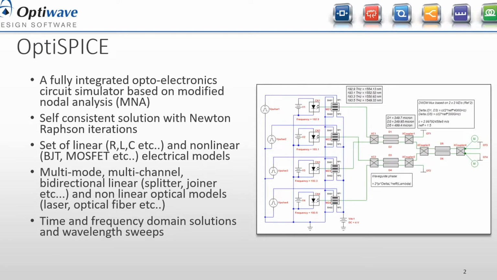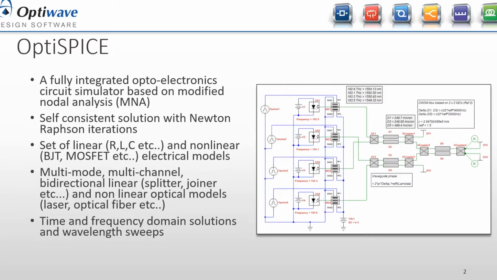Now, with OptiSPICE, what we have done is we have taken this basis and built an optical infrastructure on top. What it enables SPICE to do is handle optical devices at the same time as electrical devices. So you can do your electro-optic circuit simulations within the same simulation engine. It also allows time and frequency domain simulations, like any other standard SPICE.